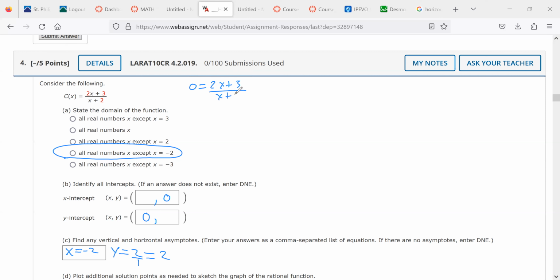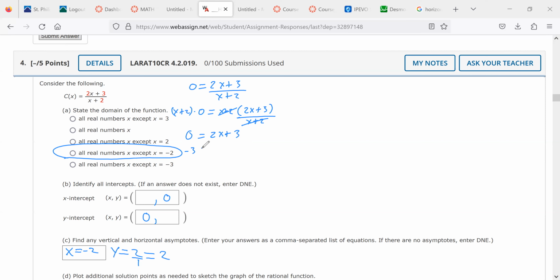Multiply both sides by x plus 2, and we get x plus 2 times 0. Now we got 0 equal to 2x plus 3.